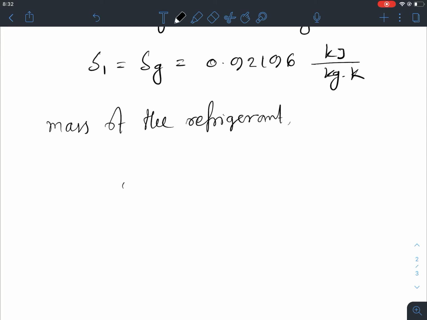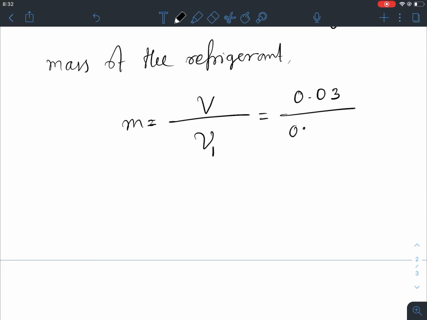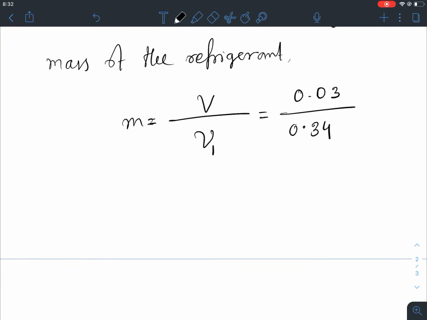So the mass of the refrigerant, m, equals the volume of this refrigerant divided by the specific volume, which is v1. So 0.03 meter cube, and we got 0.034335.